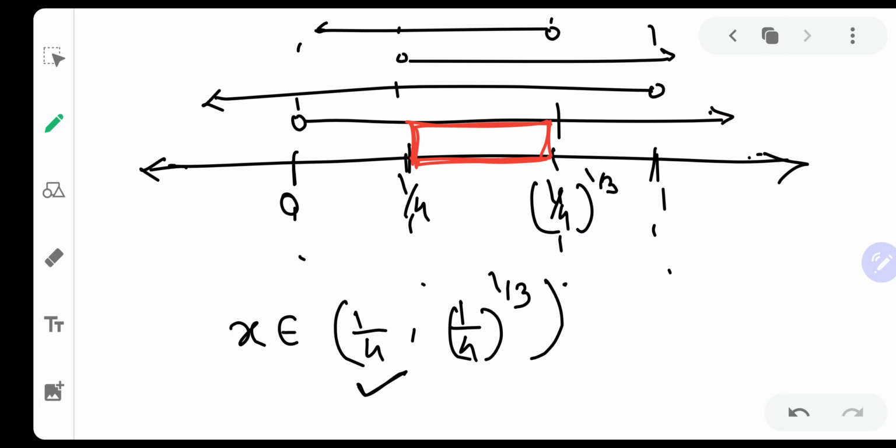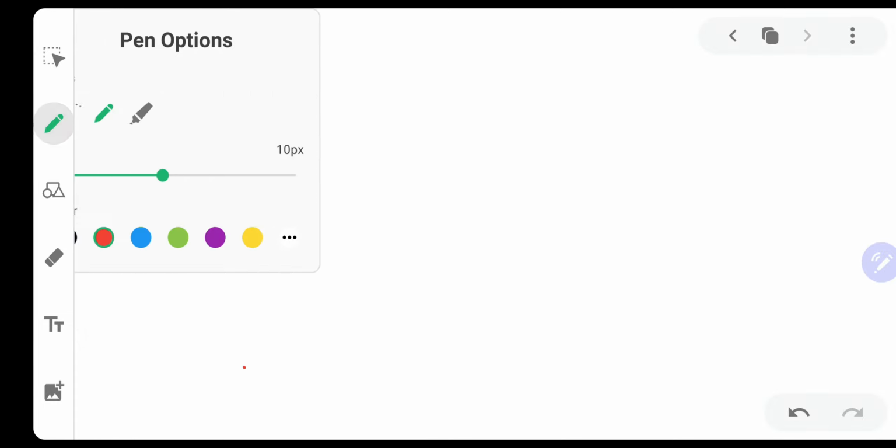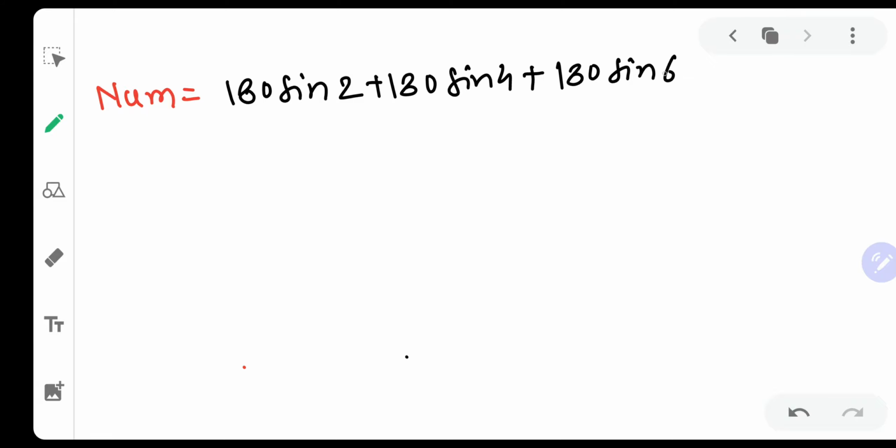Now if you observe the numerator very carefully, you will see that the numerator is changing to 180 sin 2, 180 sin 4, 180 sin 6 and so on up to 180 sin of 88.